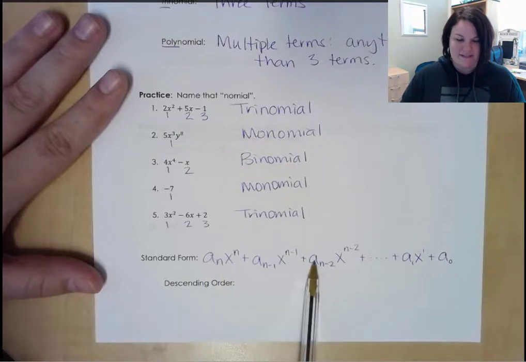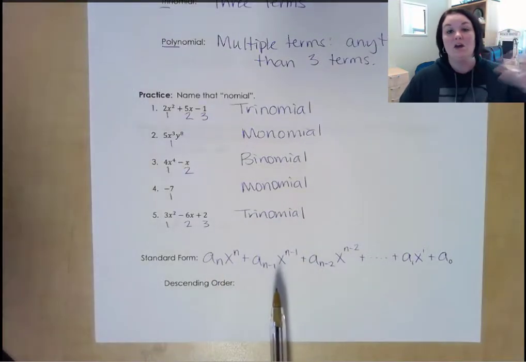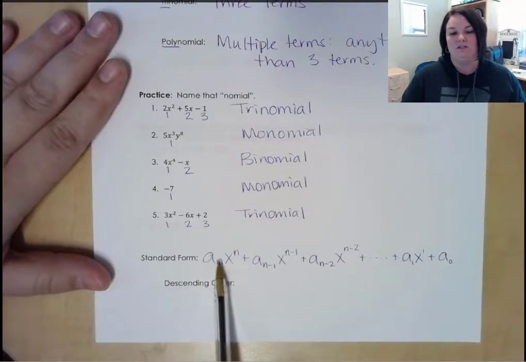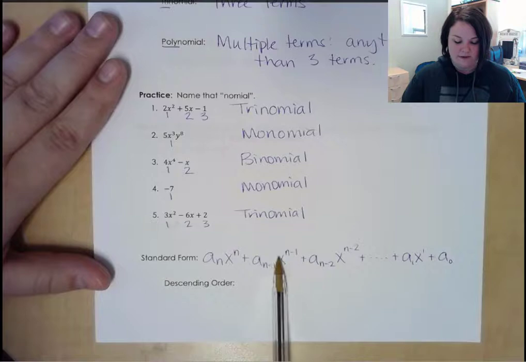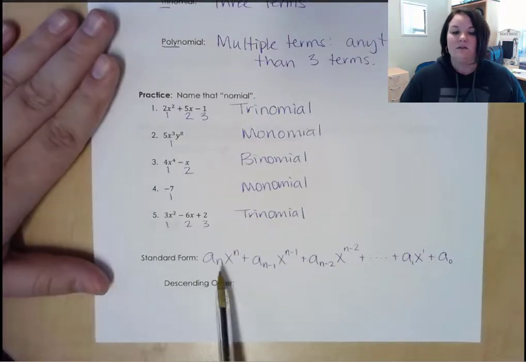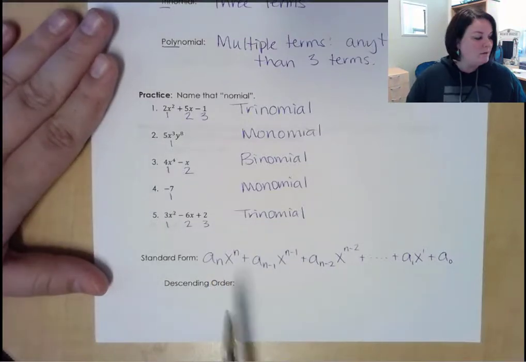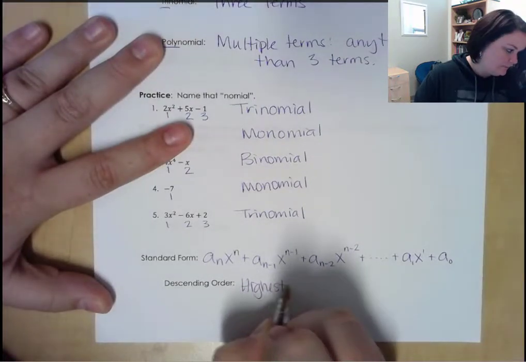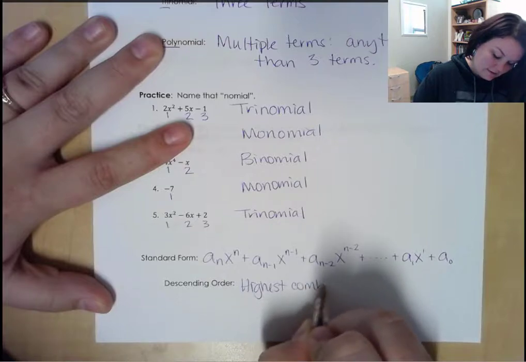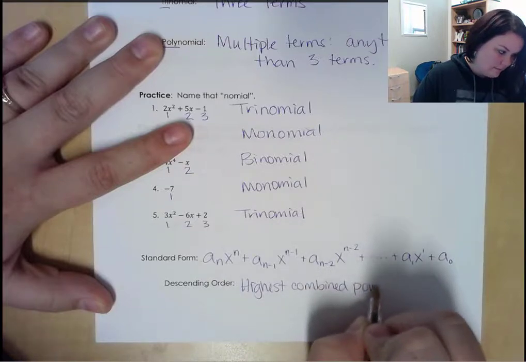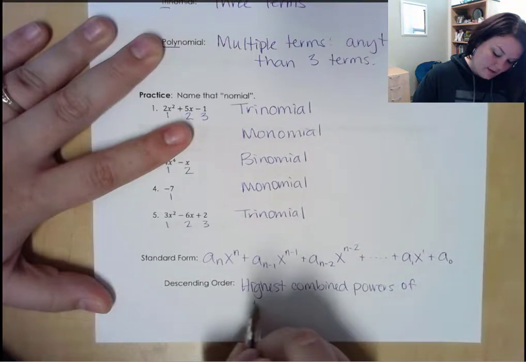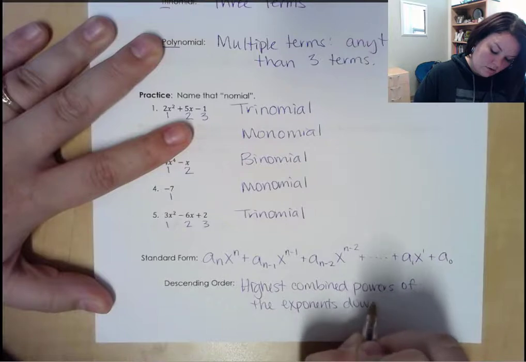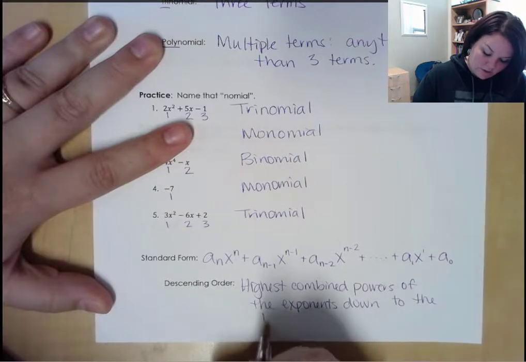And then these a sub n's, that's just kind of our generic way of saying it's the number part of that term. So whatever this x to the n is, this is the coefficient of that term, right? So this is kind of our standard form, and we want to make sure that it's in descending order, which means our highest combined powers of the exponents down to the lowest.